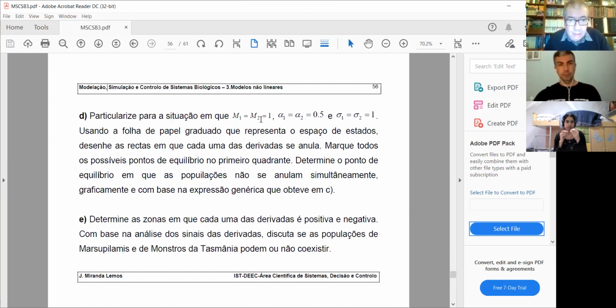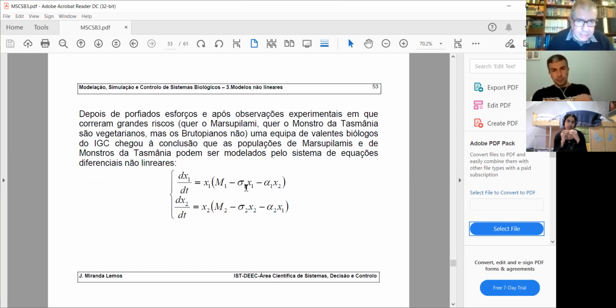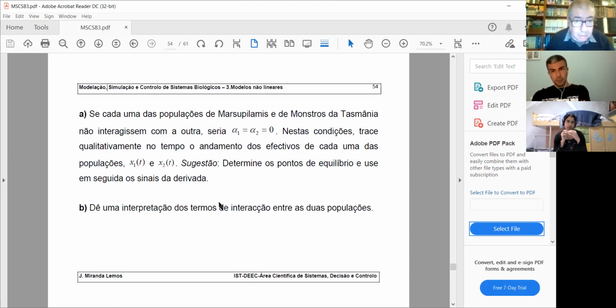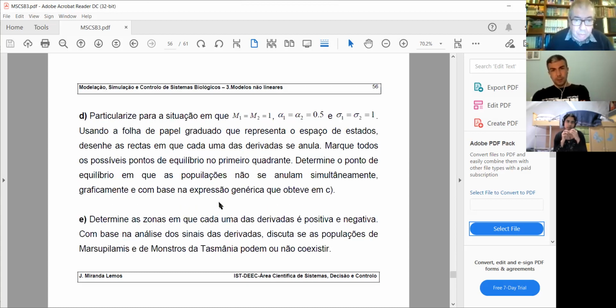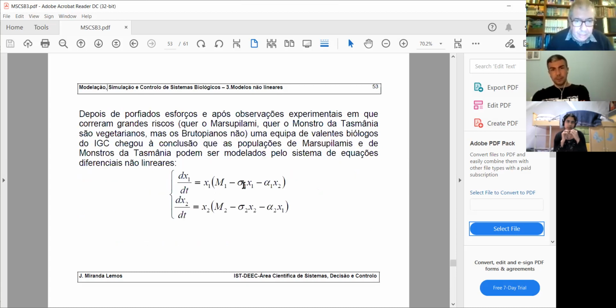The alphas are 0.5, and the M's and the sigmas are 1.